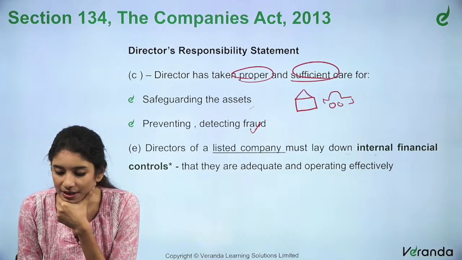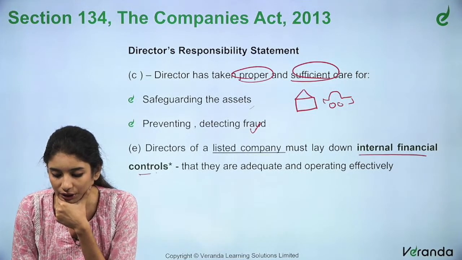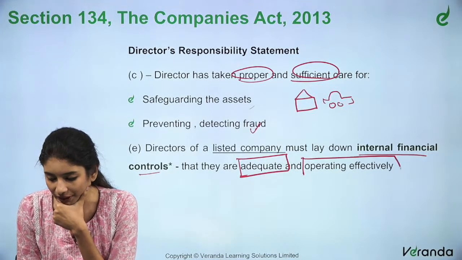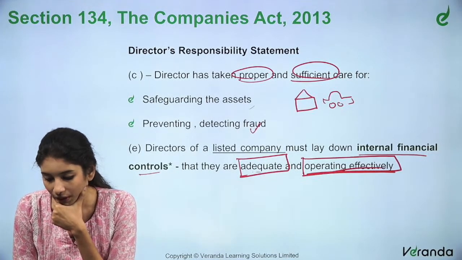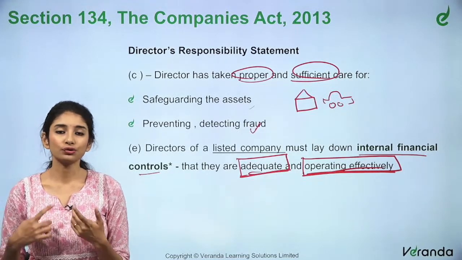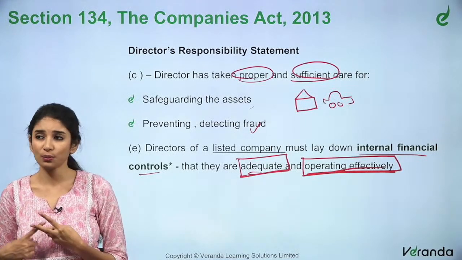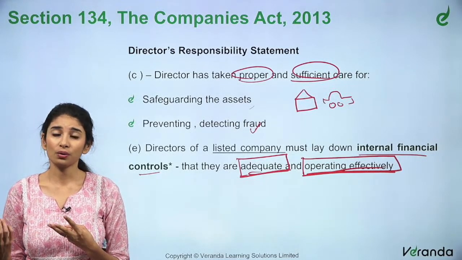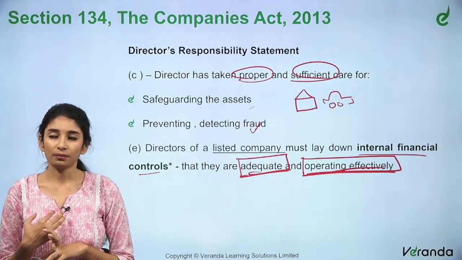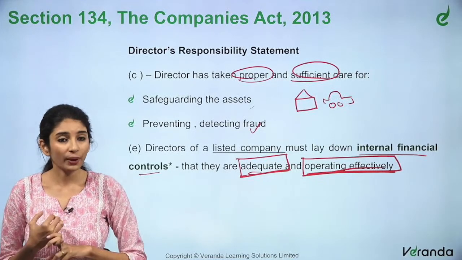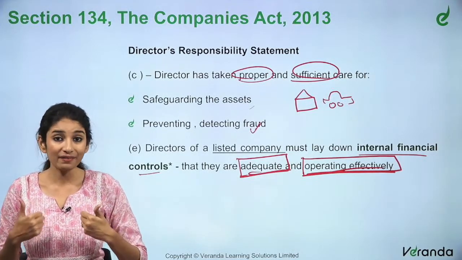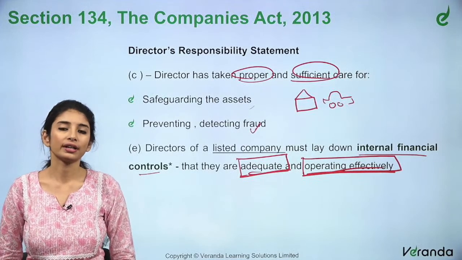Directors of a listed company must lay down internal financial controls that they are adequate and operating effectively. Now tell me, in my wardrobe, if I have clothes for wedding wear, reception wear, airport travel wear, party wear, class wear, temple wear, so if I have clothes for every occasion, I have adequate clothes. Do you all agree? Yes.